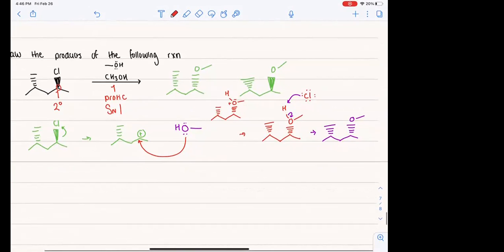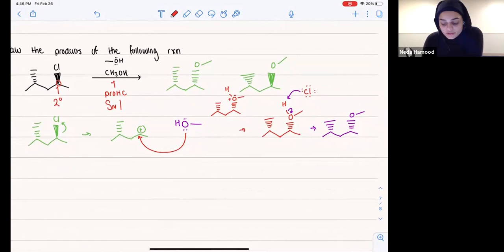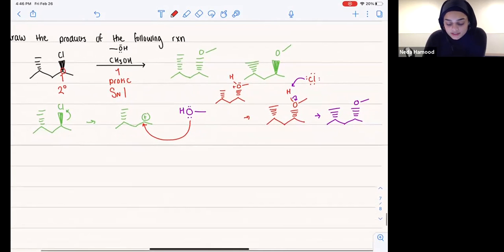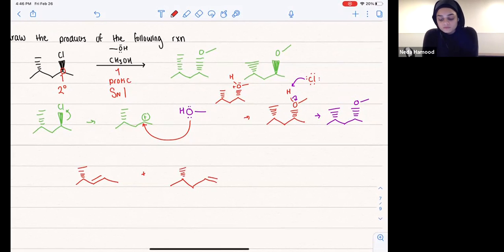Yeah, it's also a weak base, so it could also have an E1 product. So I think that would look like this, if I'm not mistaken. And then I guess this would also be another product of it. Cool.